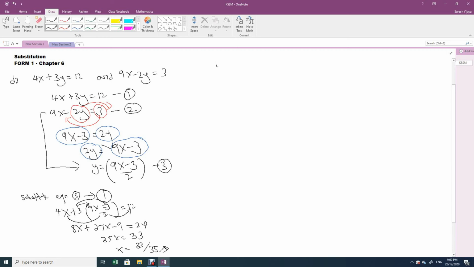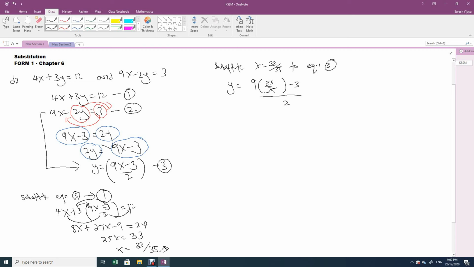Okay, what we need to do next is substitute x equals 33 over 35 into equation 3, preferably. So y will be equal to 9 times 33 over 35 minus 3, divided by 2.